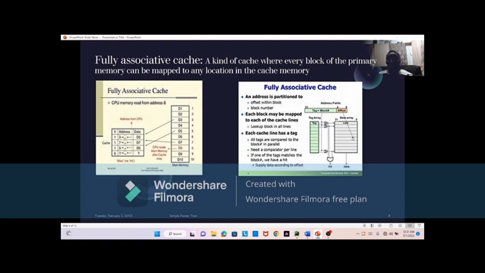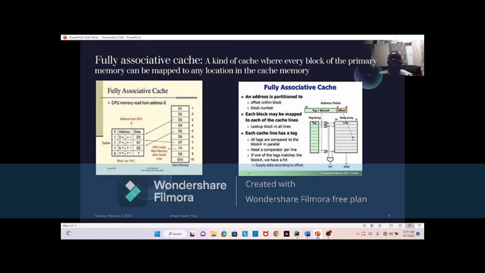It's the opposite of the direct mapped cache, because for the direct mapped cache, each block in the main memory is mapped to a specified location in the cache memory.